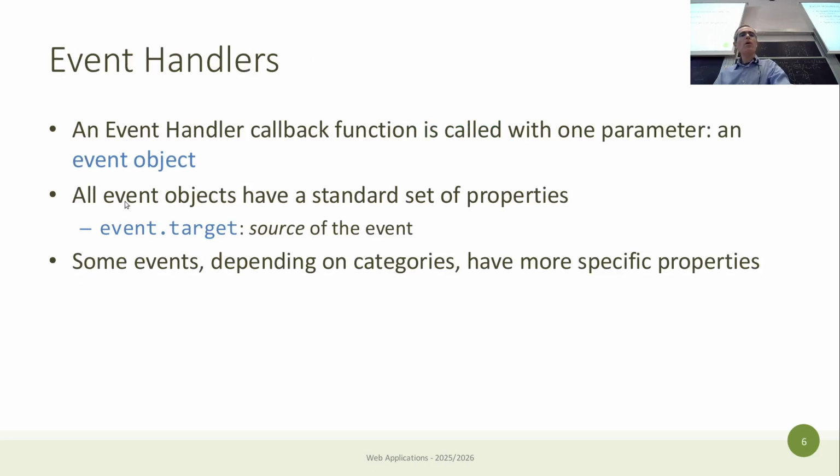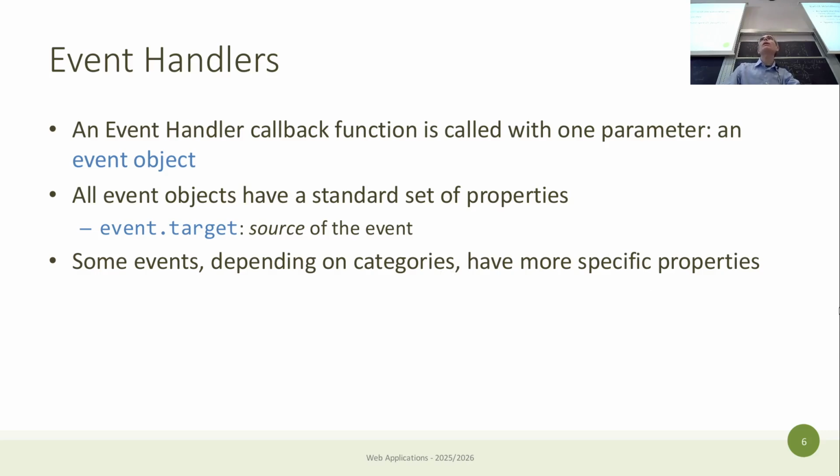All event objects have a standard set of properties. Now we will see some of them, but all of them have the target property, which is actually the source of the event. It's just called target, unfortunately. Maybe if you designed it today, you would call it source, but they call it target. That's the target of the event, so where you clicked, where you typed the character, and so on. Some events, depending on the category of events, may have more specific properties.